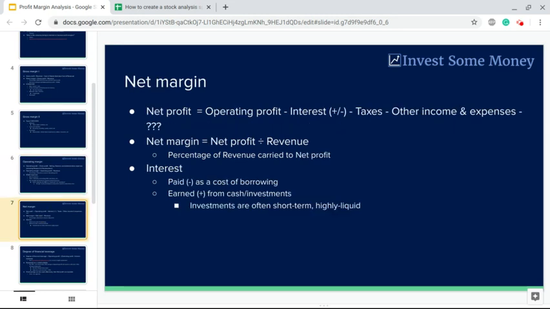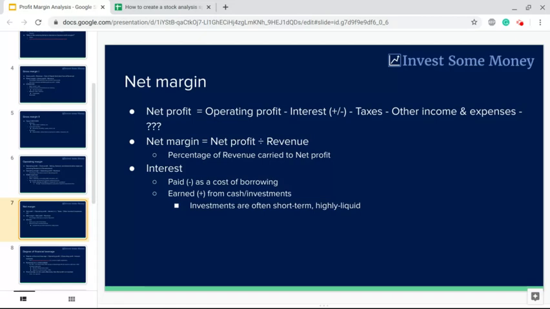So after operating margin, of course, there is net margin. And that's your bottom line, your net profit, which is operating profit minus interest. But it's that little plus or minus after interest. That means it might be interest earned, might be interest expensed, so that can depend. There can be some of both, as we'll see here on the Tesla worksheet, the Tesla model. And then you can take out other income and expenses, again can be plus or minus, and then anything else.